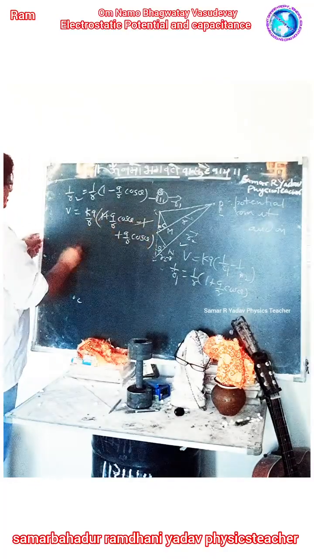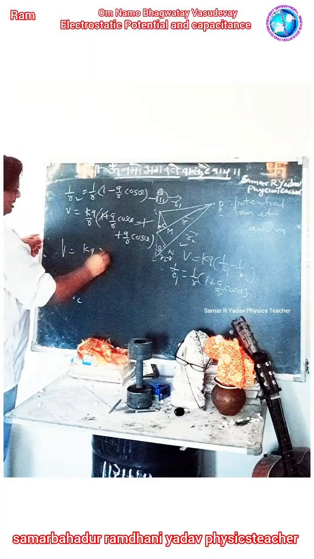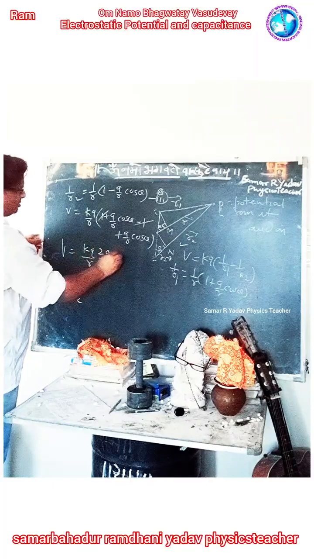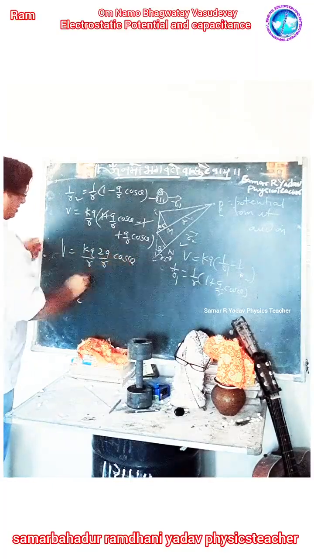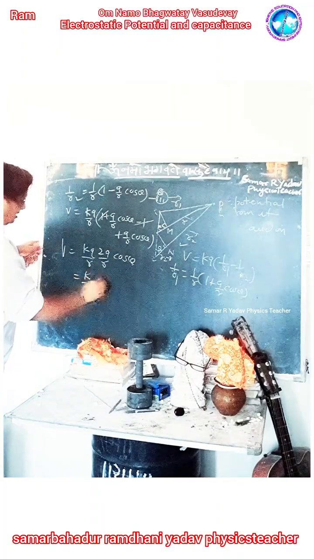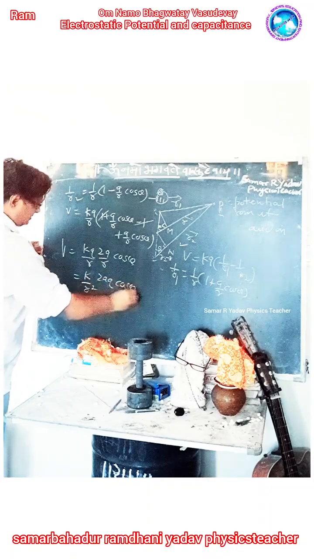The 1 will be cancelled, so V is equal to KQ times 2A upon R into cos theta. Now we can write K upon R square into 2AQ cos theta.